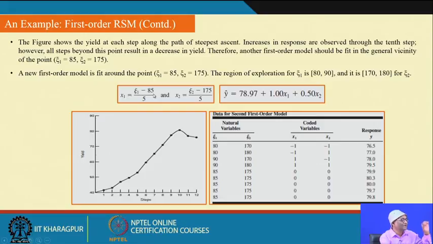Now what you need to do is, at this zone, conduct another experiment keeping the center at 85 and 175 and again fit a first order response surface, and see whether the first order response surface is sufficient or not. If sufficient, then that is not the optimum point. Then you have to again use the regression values, find out the direction again and follow that direction, so long as you are not getting a zone where the curvature effect is there.